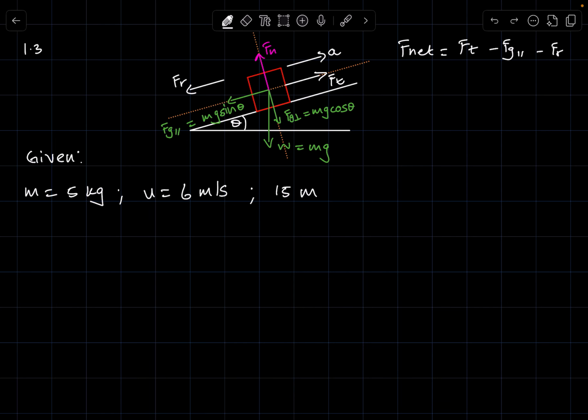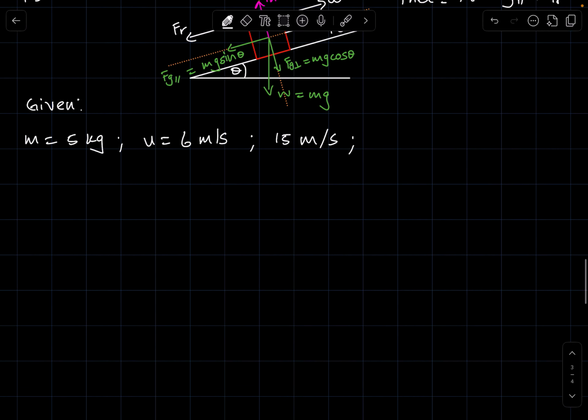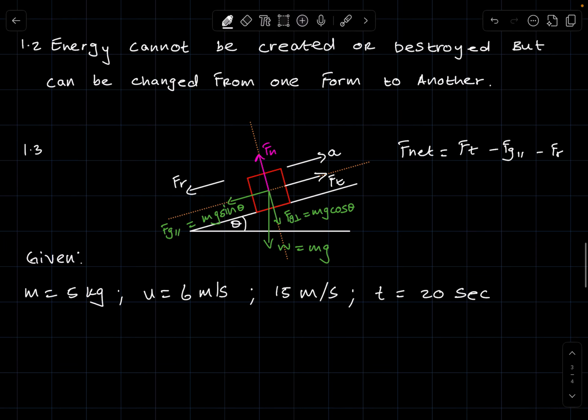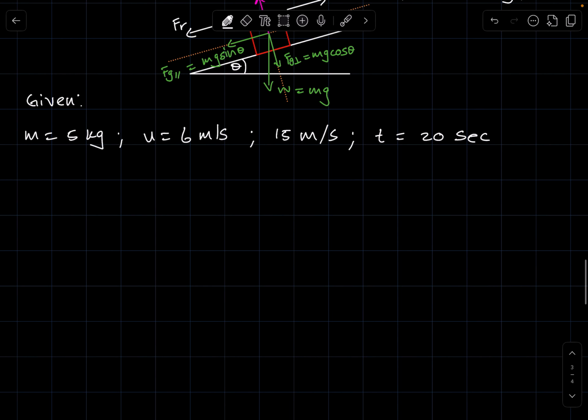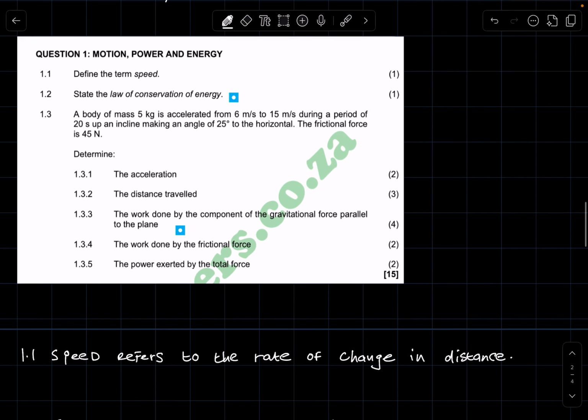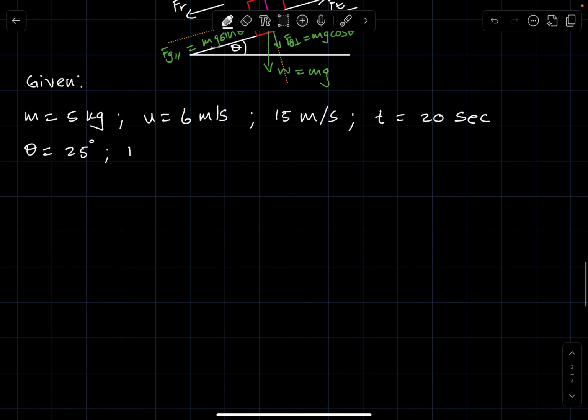During a period of 20 seconds, so we also have time. Time is 20 seconds. Up an incline of 25 degrees, so we have theta. Theta is 25 degrees to the horizontal. The frictional force we also have. So Fr is 45 newtons. That is everything that we've been given.